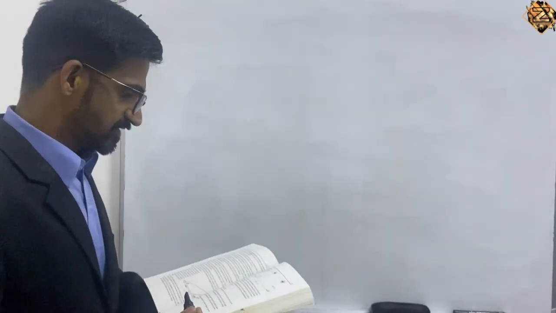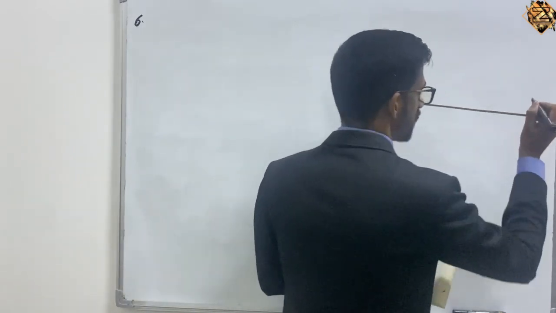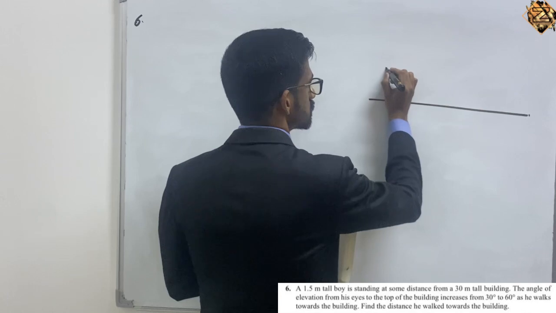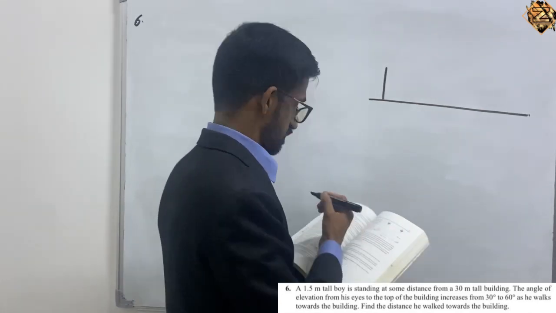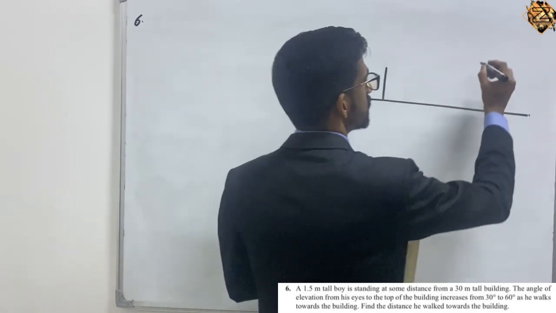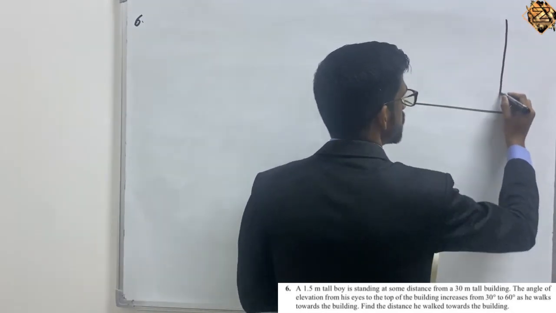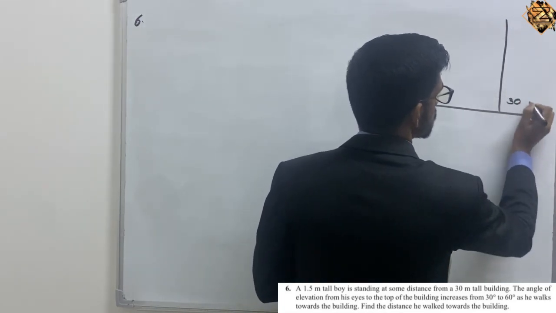The question is given a 1.5 meter tall boy. A 1.5 meter tall boy is standing at some distance from a 30 meter high building. So the total height of the building is 30 meter.